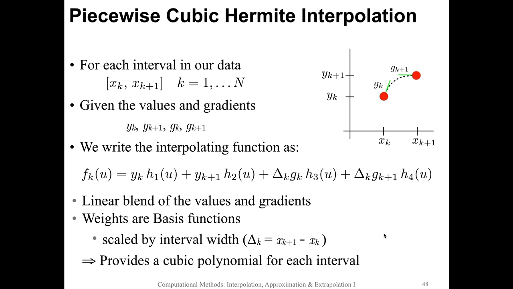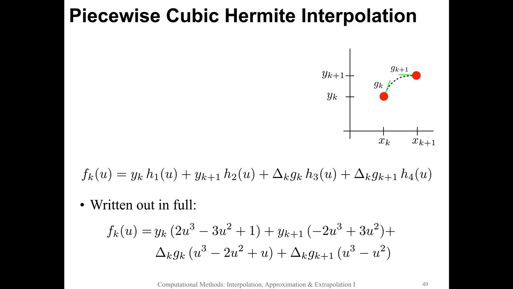So what it does is it provides us with a cubic polynomial, a long cubic polynomial for each interval written in terms of the local coordinate u. And this is the same polynomial if we write it out in full. So if we take h1 and write it out in full, it looks like that, and h2, write it out in full, it looks like that, and the same for h3 and h4. And here are our y's, our measured values, and our gradients, our g's.